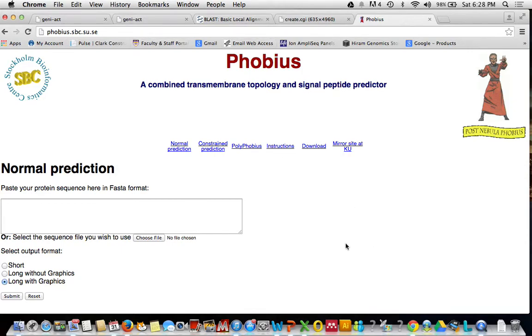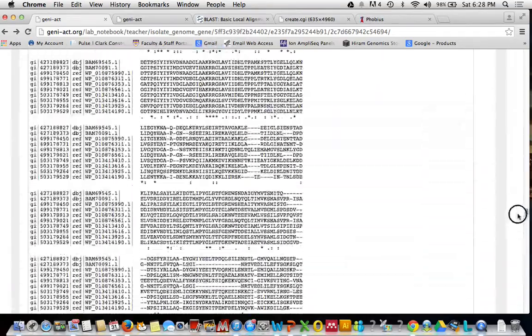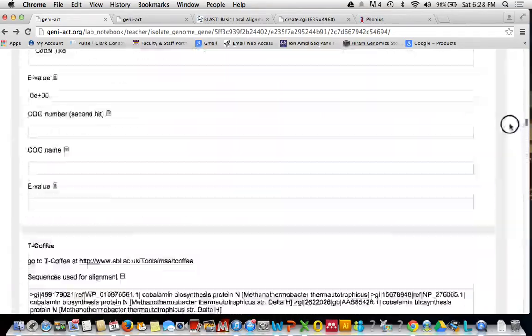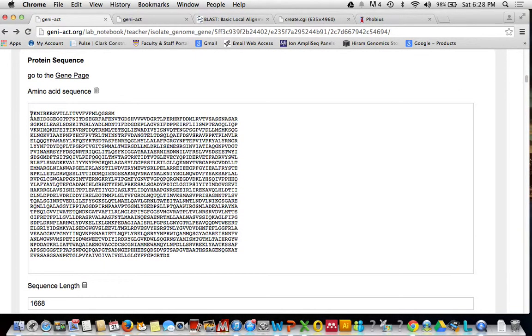For that, you need your protein sequence. So go back to your lab notebook, scroll up top and you will see your protein sequence. Here we go. Here's the protein sequence.